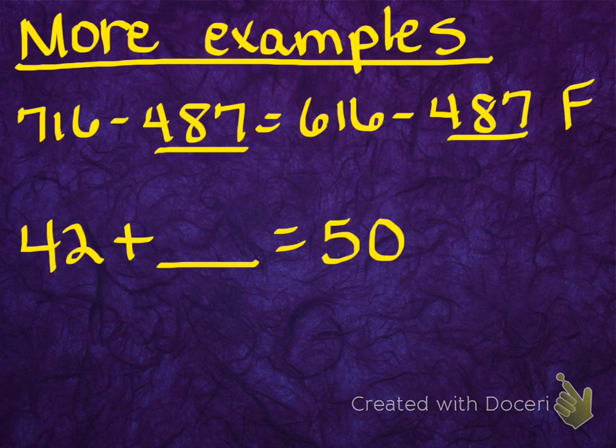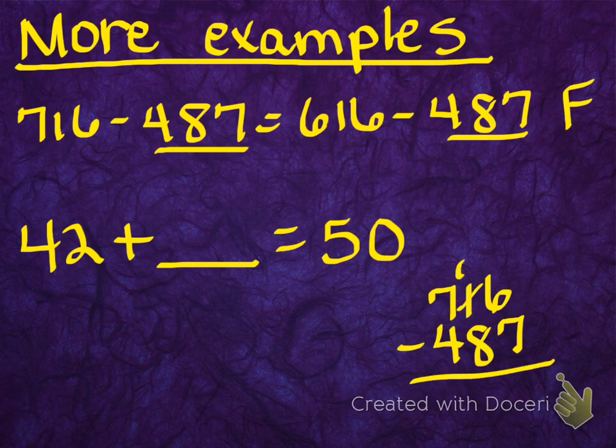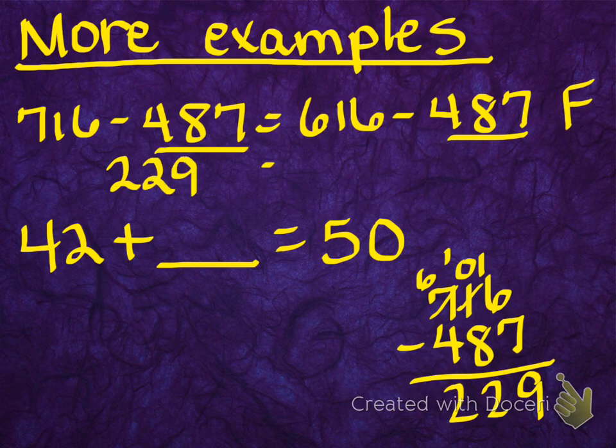Now you can always double check by doing your math. And 716, if I did that down here, minus 487, gives me 229.